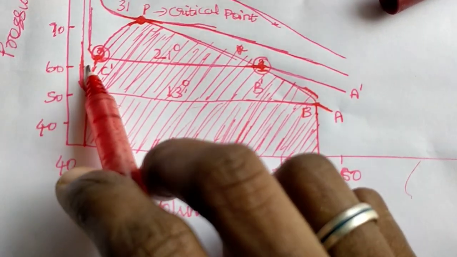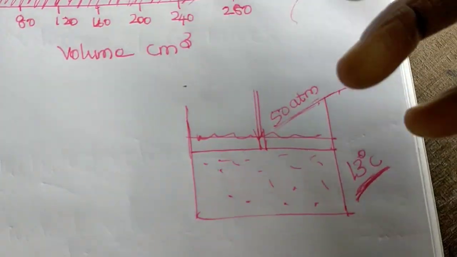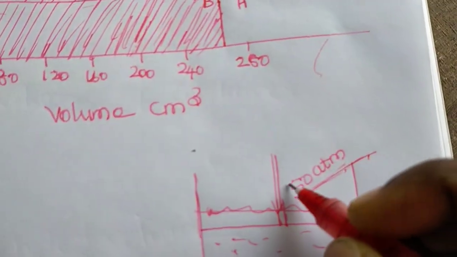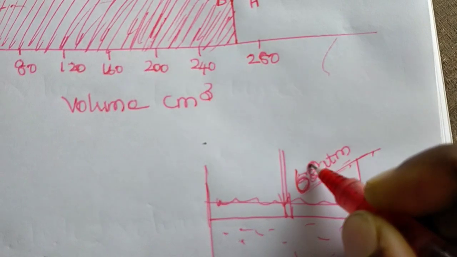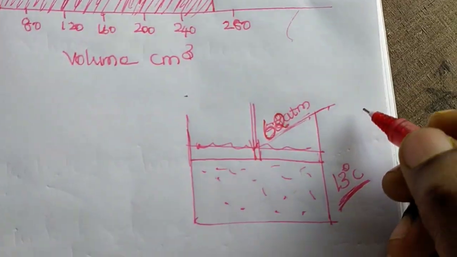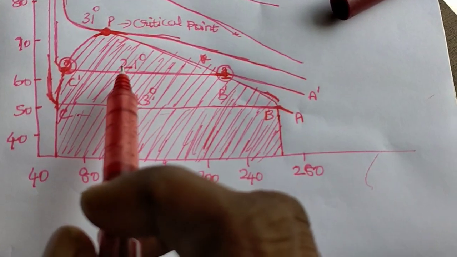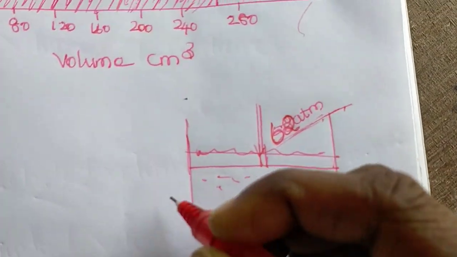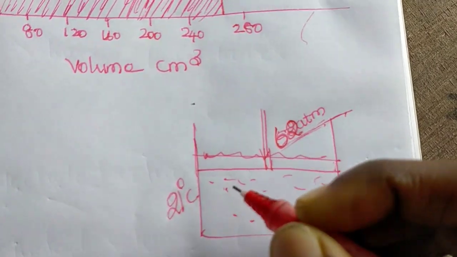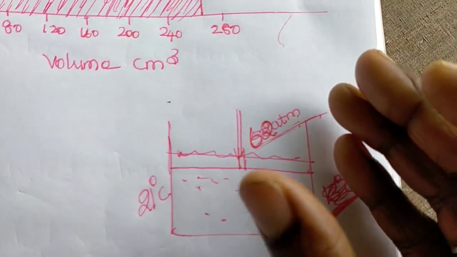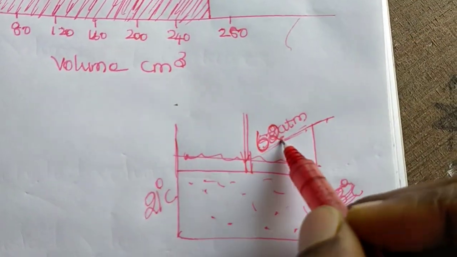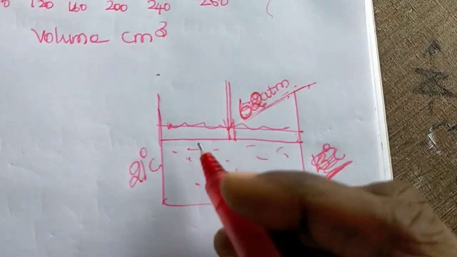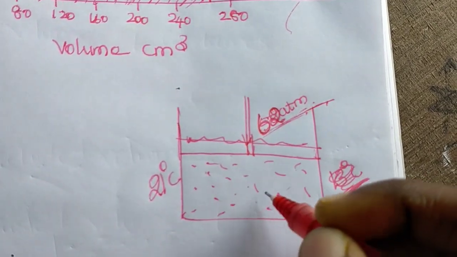In that range, some amount of carbon dioxide undergoes a pressure of 62 to 65 atmospheres, and the temperature is 21 degrees Celsius.